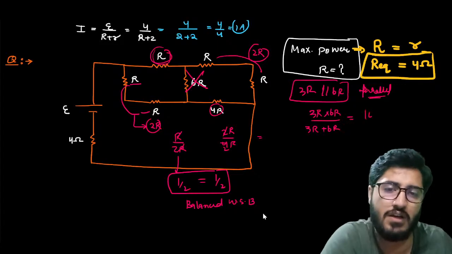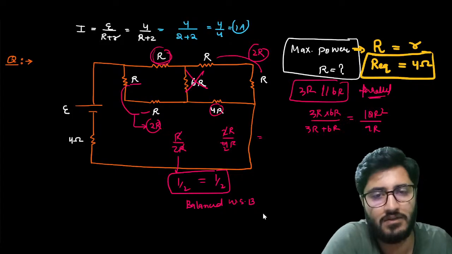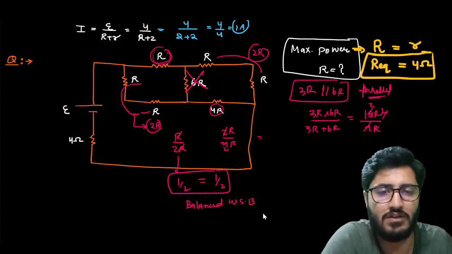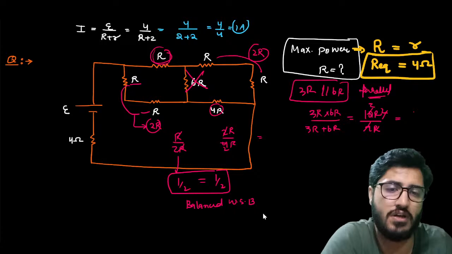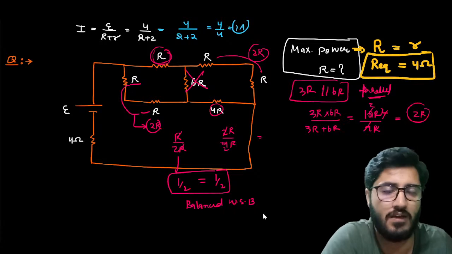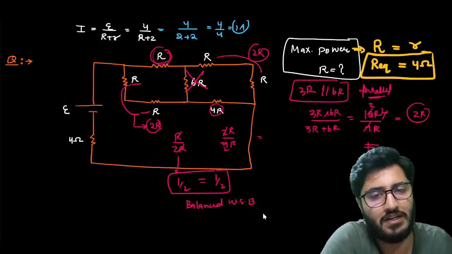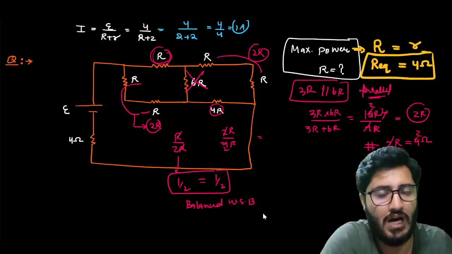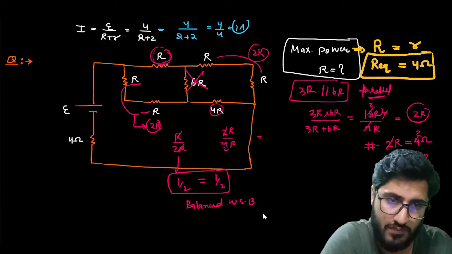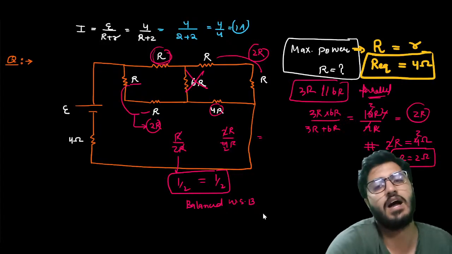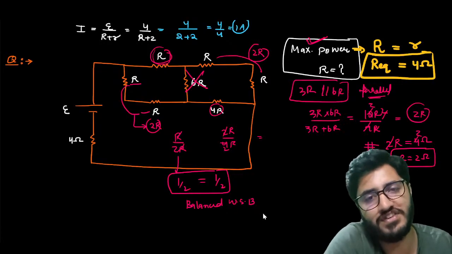It is 18R square by 9R. 9 twos 18. So my answer came out to be 2R only. That means 2R is equal to 4 ohm, so R is equal to 2 ohm. So if I need maximum power for this system, each R needs to be equal to 2 ohm.